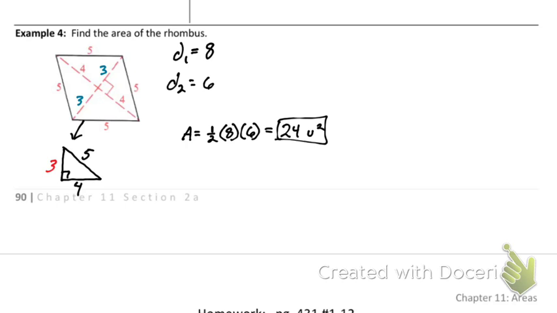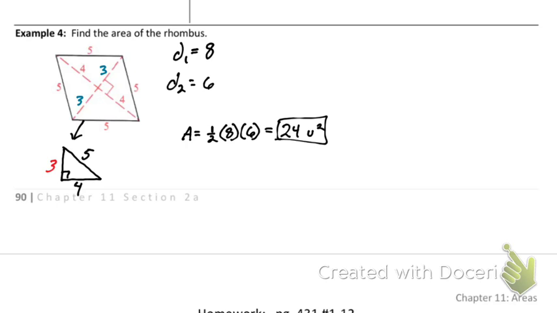All right, let's just recap really quick. Area of a rectangle. Emma. Length times width. Area of a parallelogram. Yes. Base times height, which is the same thing as length times width, kind of, right? Area of a triangle. Yep.